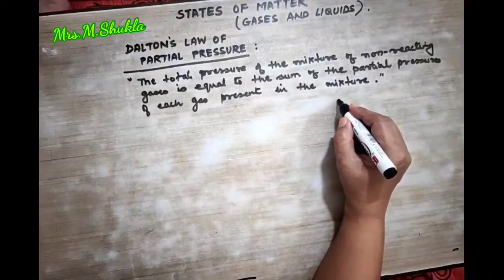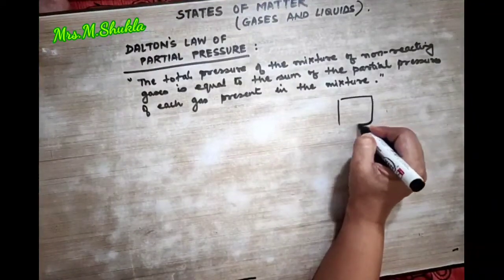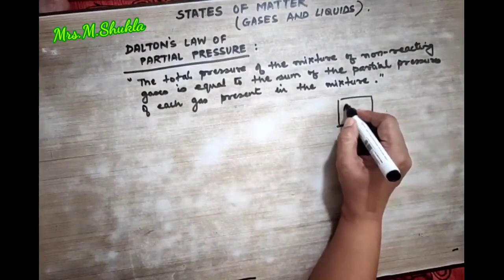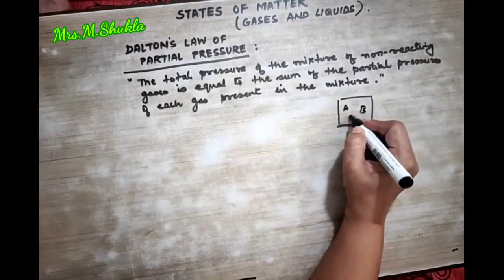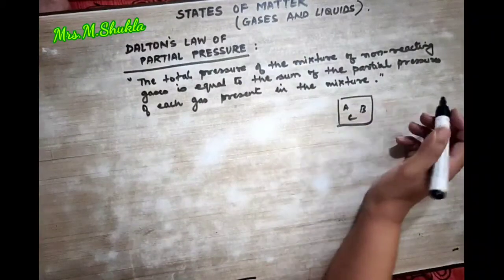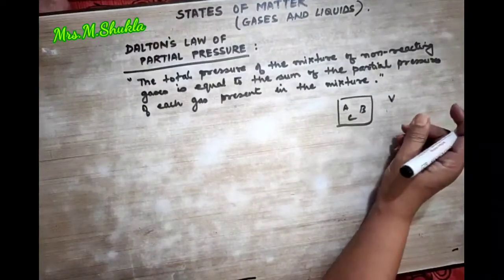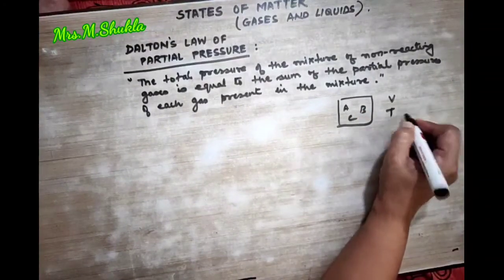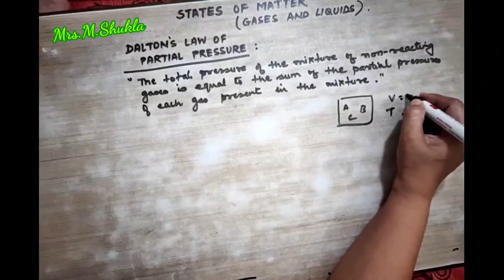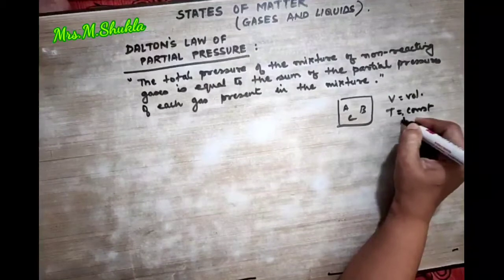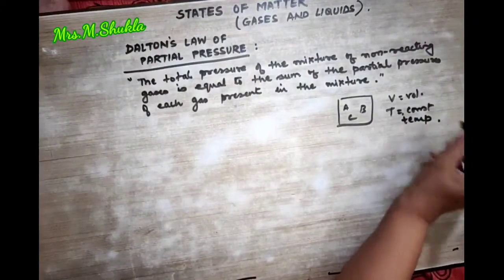Now let us understand. Suppose you take a container, and this container has three gases, namely say A, B and C, mixed in this container at a volume of V. To prepare this mixture, a constant temperature is used.